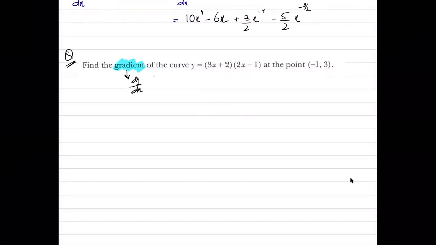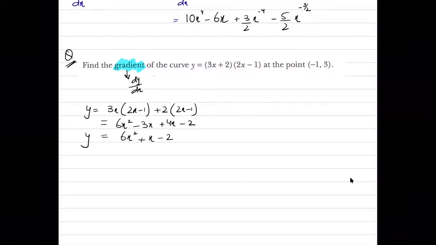Quadratic. So first of all, I'm going to get the quadratic equation out by multiplying the two brackets. This is what I get: 6x squared minus 3x plus 4x minus 2. Simplification is going to give me 6x squared plus x minus 2. That is the function itself.